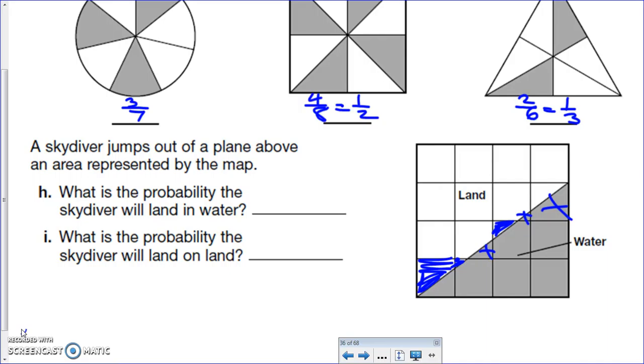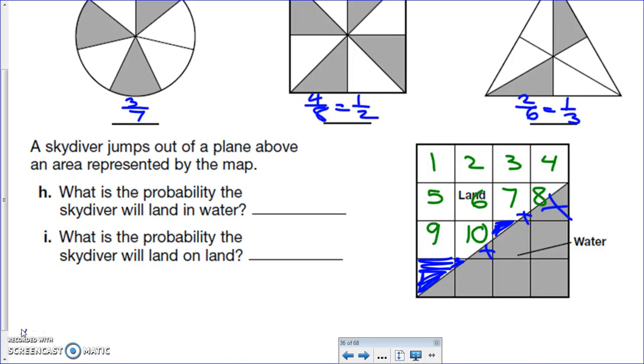So now we're going to go through and number the squares that are now completely land. So now we've got 10 land squares and 6 water squares.